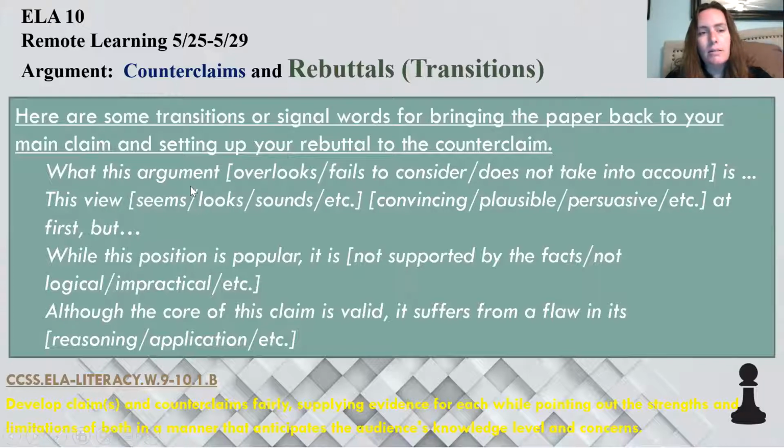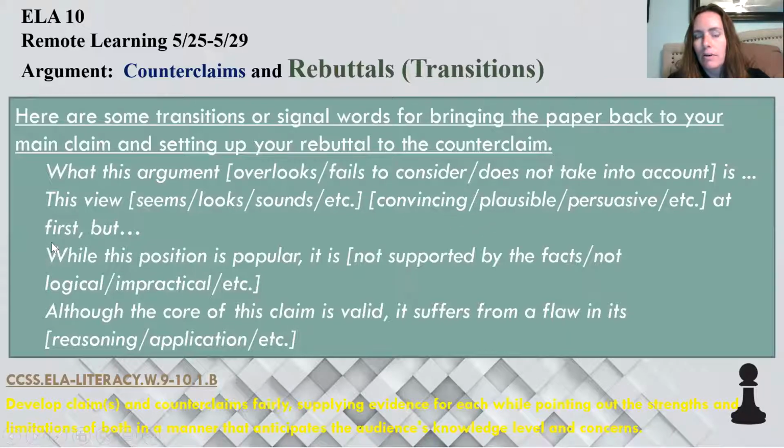I could say, what this argument overlooks is, and then I continue my sentence. Or I could say, what this argument fails to consider is, what this argument does not take into account is. So that's how you use these bracketed things with these slashes, you just pick one of them in the middle, okay?